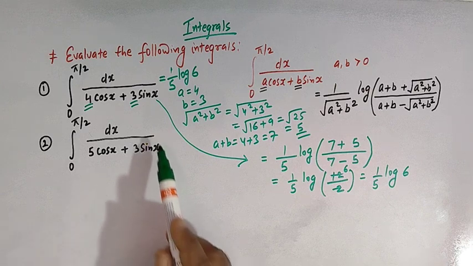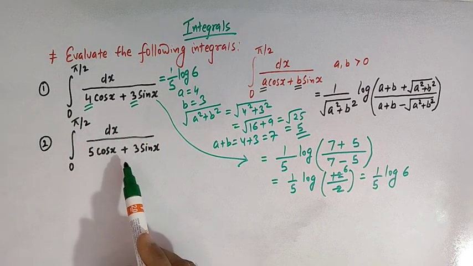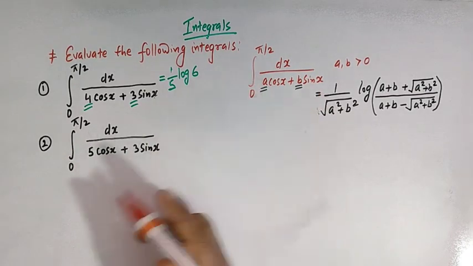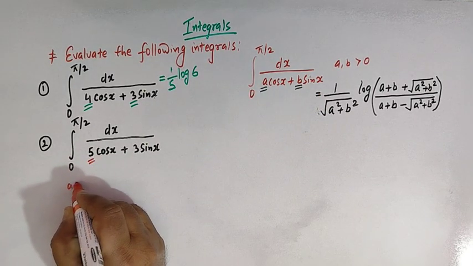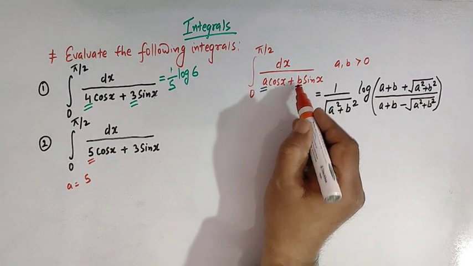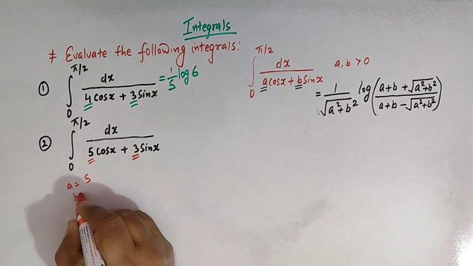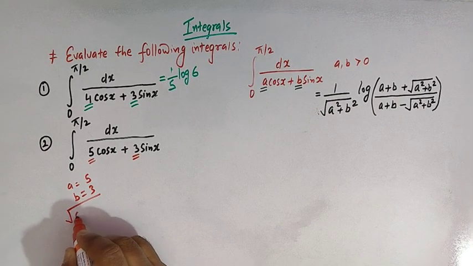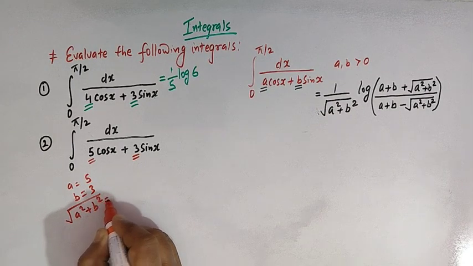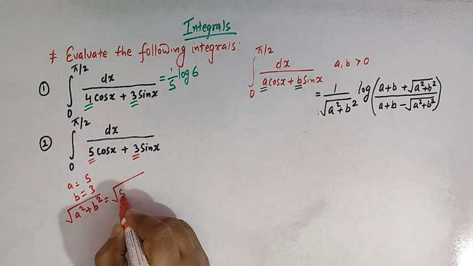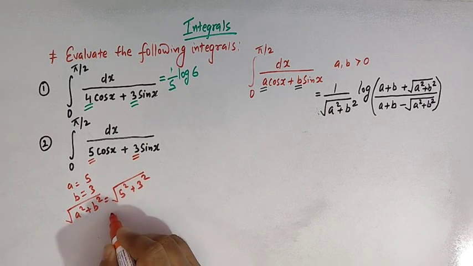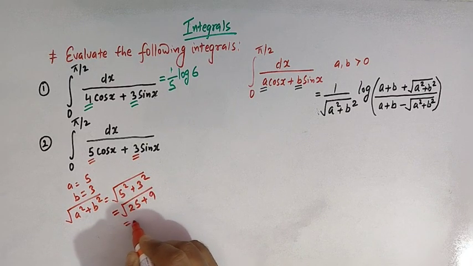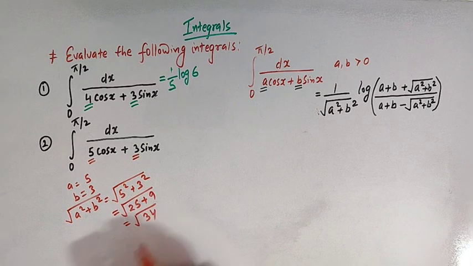Now let us calculate the value of the second integral. Comparing it with this one, the value of a is 5 and the value of b is 3, and the square root of a square plus b square is square root of 5 square plus 3 square, that is square root of 25 plus 9, the square root of 34.